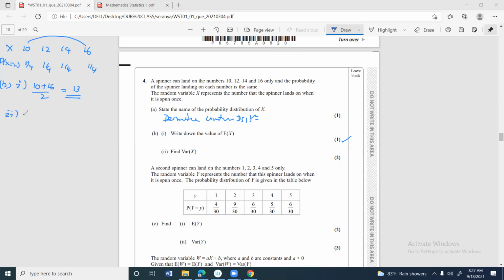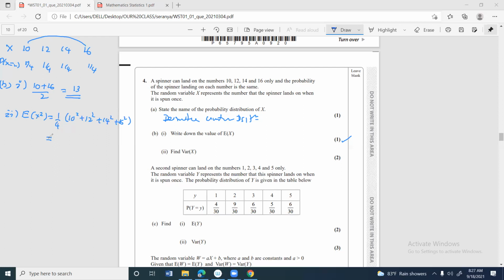Then to find the variance of X, we first get E(X squared). How to find E(X squared)? 10 squared into 1/4 plus 12 squared into 1/4 plus 14 squared into 1/4 plus 16 squared into 1/4. All the values are multiplied by 1/4, so I will write 1/4 times (10 squared plus 12 squared plus 14 squared plus 16 squared).